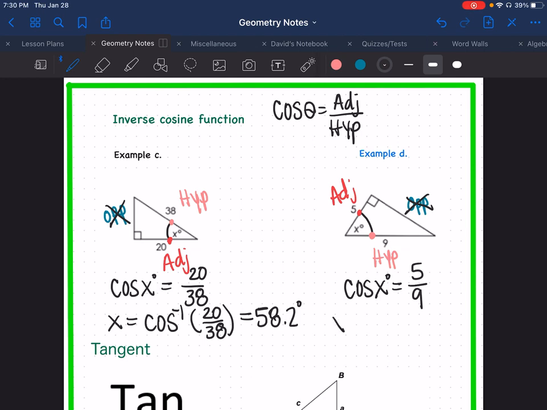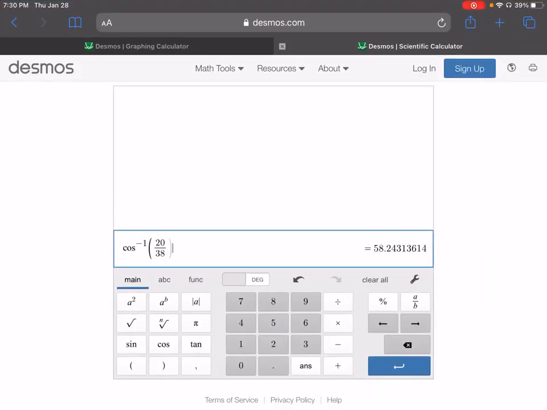Since the x is next to cosine, I'm going to use its inverse, and I'm going to put cosine to the -1, 5 divided by 9 in my calculator. 5 divided by 9.